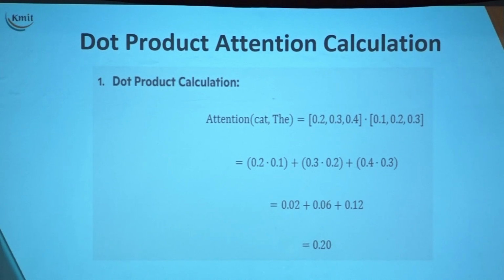Query is cat. So, first cat will try to get the attention scores for all the key tokens in the key, because it is self-attention, the same sequence. So, cat to cat, cat to sat, cat to on, cat to again, mat.